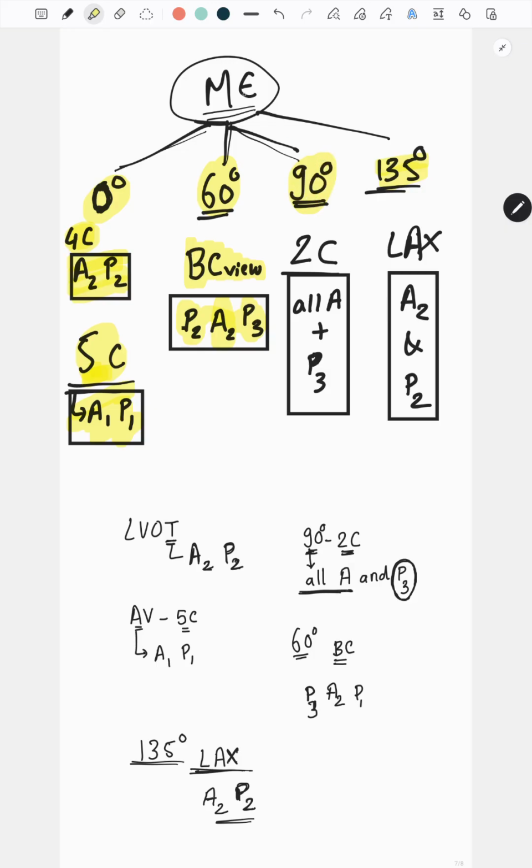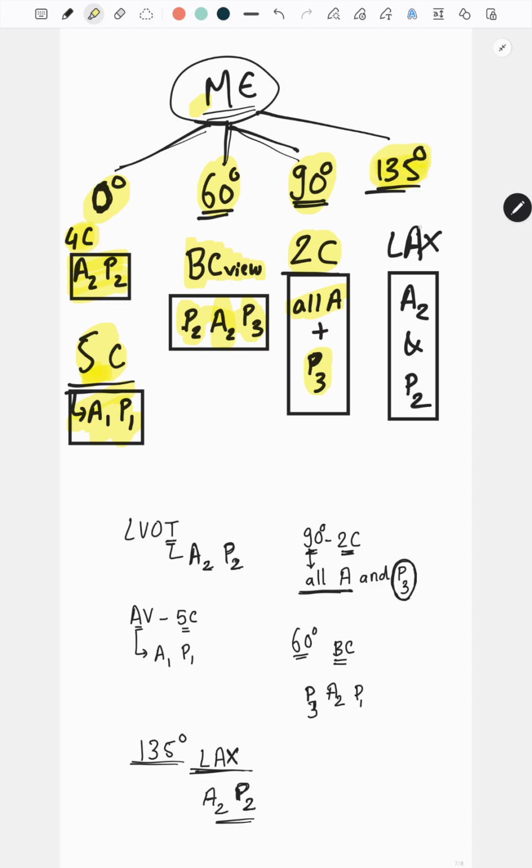The 90 degree mid-esophageal view, also called the 2-chamber view, shows all the segments of the anterior mitral leaflet with a part of P3 of the posterior mitral leaflet.